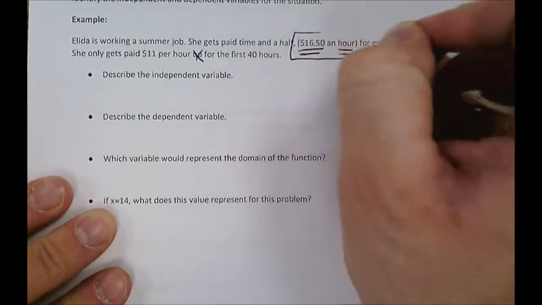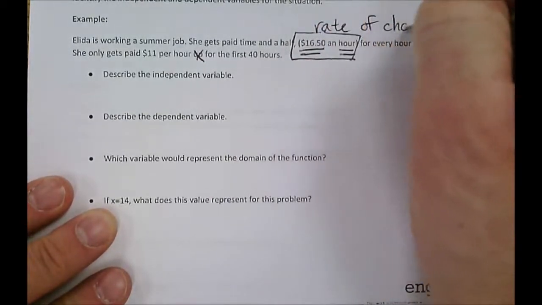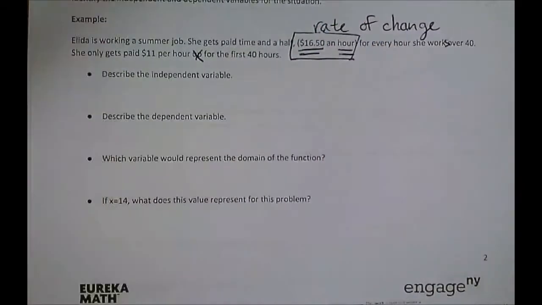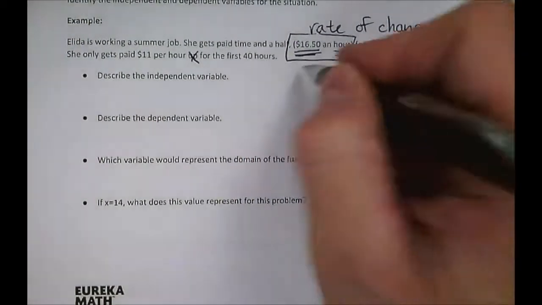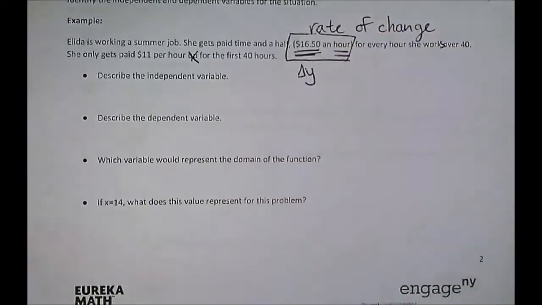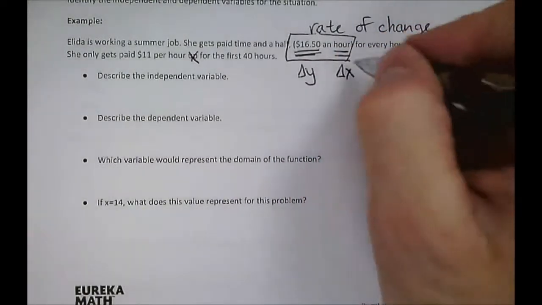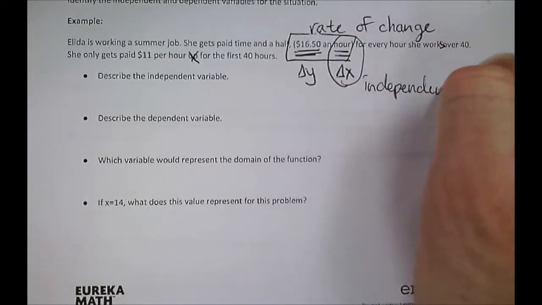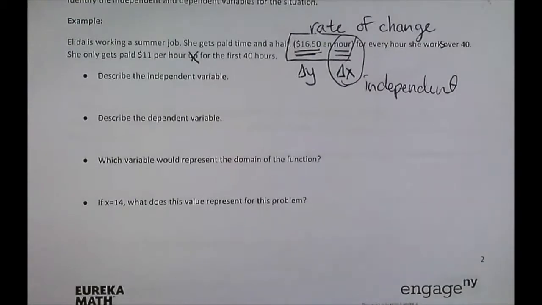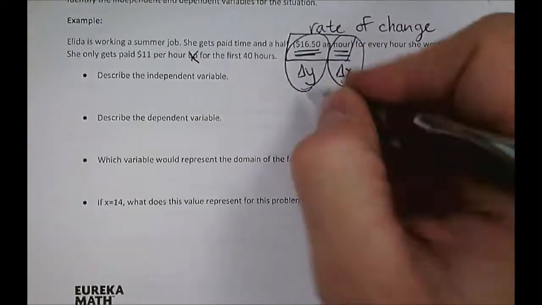Just by looking at this figure, a rate of change, it allows us to see that the first number, the $16.50, is a change in y, and the hour is a change in x, telling us that hour is independent, because the independent variable is the x variable, and the change in y, as in money, is dependent.